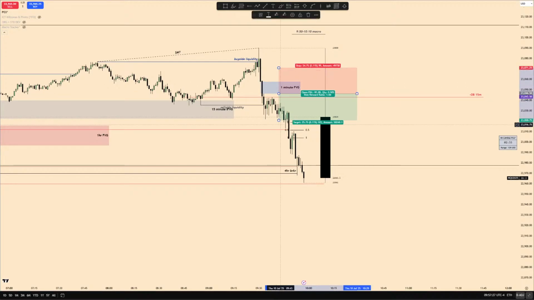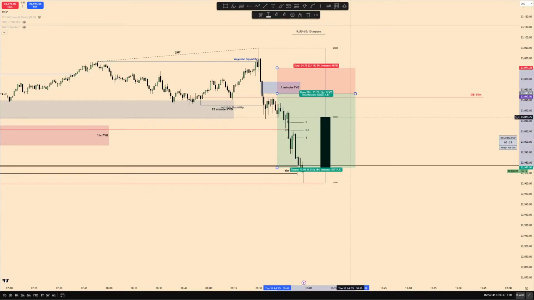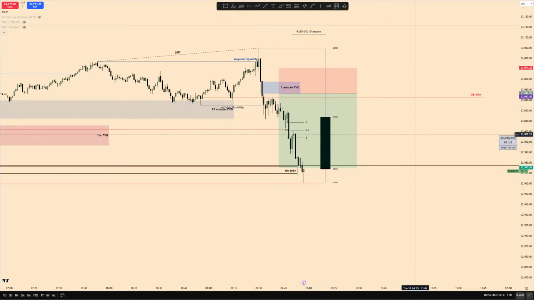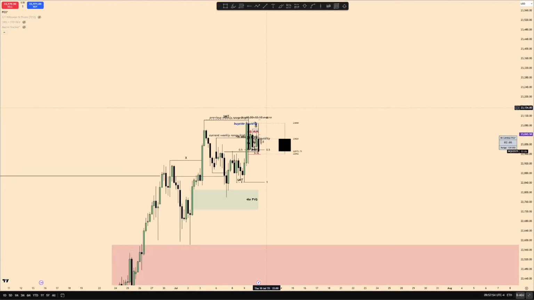Didn't get filled, which is sucky. My limit up there was a 5 contract limit sitting at that 1 minute, and my stop loss was at that high. It was only short term bearish. I'm not a full bear right now.